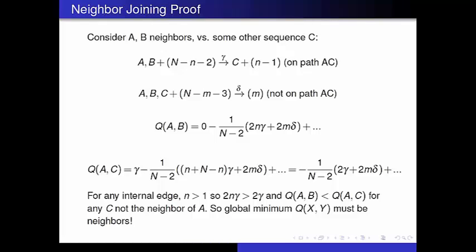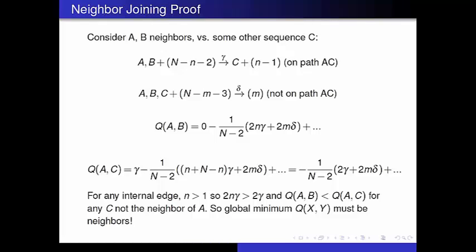What's an external edge? An external edge is an edge with an m value of 1. So we actually got our earlier result over again here. 2 times 1 delta, it's the same result we had before. External edges always contribute the same amount to every Q, so they don't matter for choosing which pair minimizes Q.